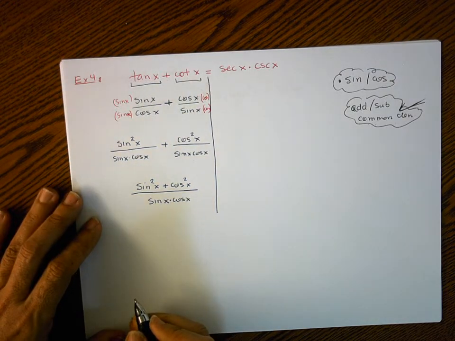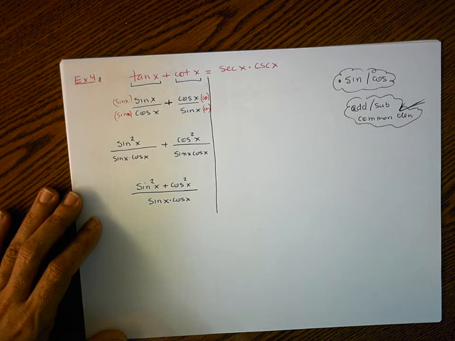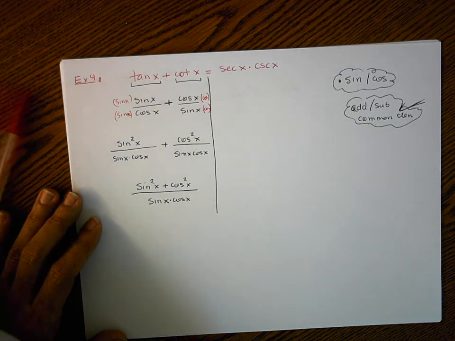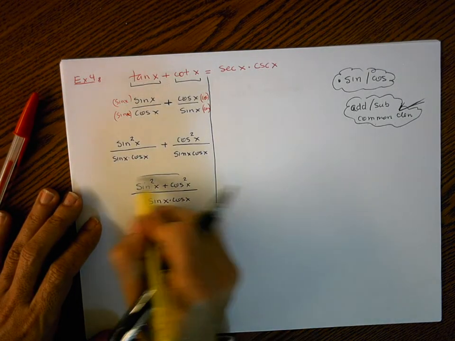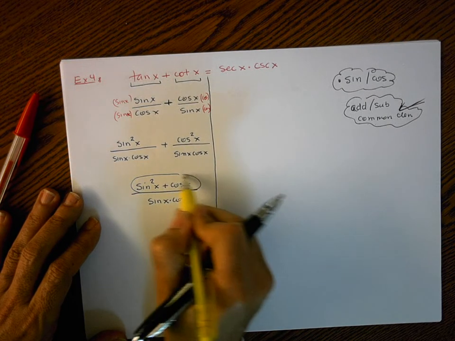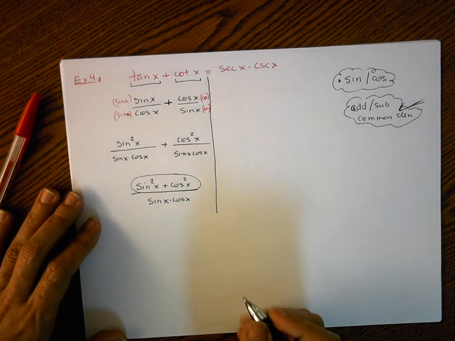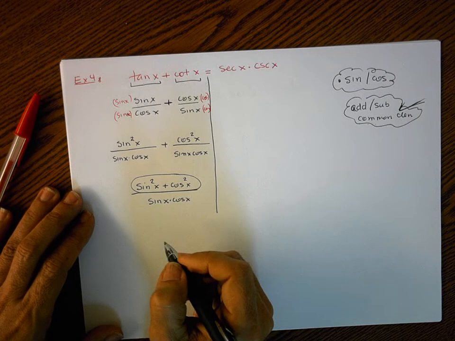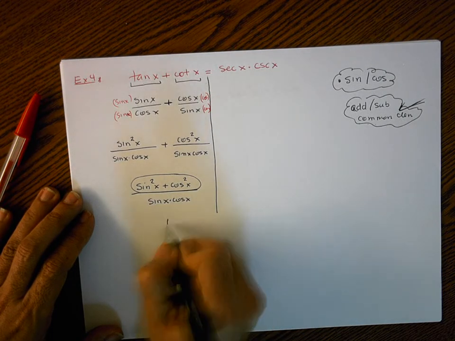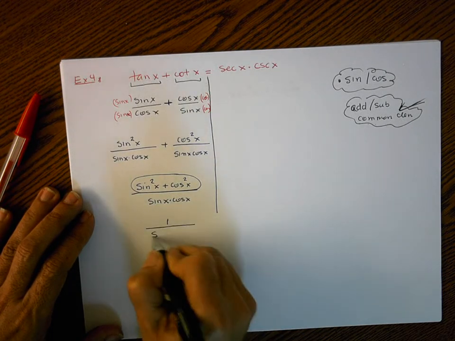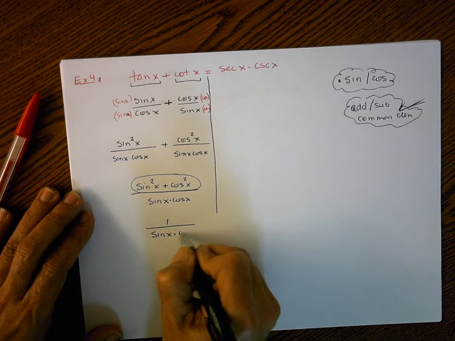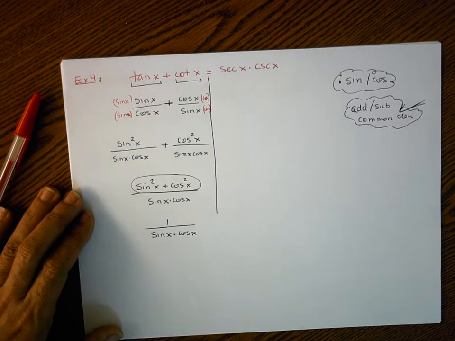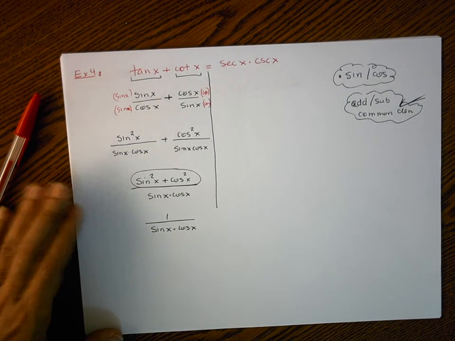Now let's see what we can do. Immediately you should recognize this guy right here. It's our Pythagorean identity. Okay? So I can replace this whole thing with the number 1. 1 over the sine of x times the cosine of x. Nice. Everything in terms of sine and cosine.